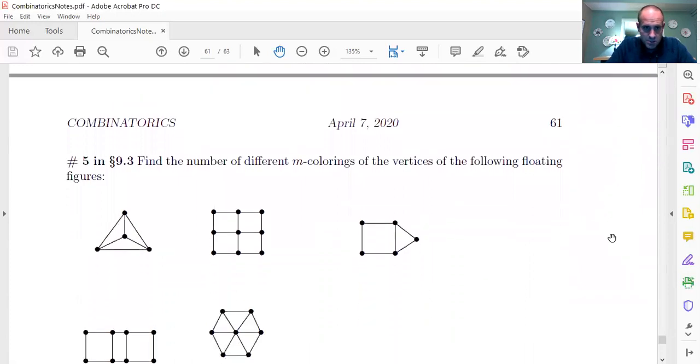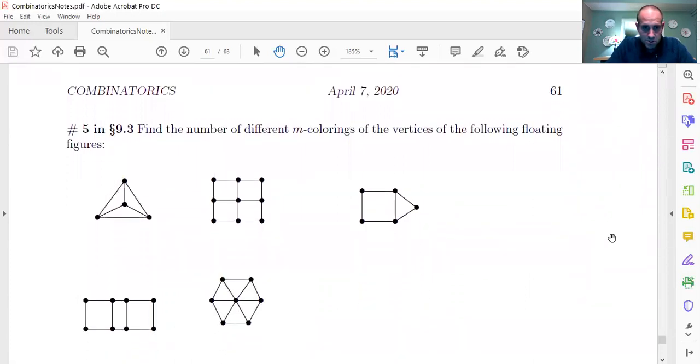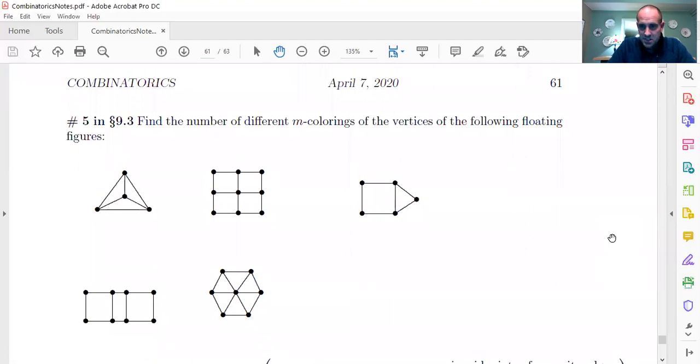So this is a problem from the book. I think I have you do maybe a couple of these in your homework set. We're just going to look at a couple of these for now. Find the number of different M colorings of the vertices of the following floating figures.